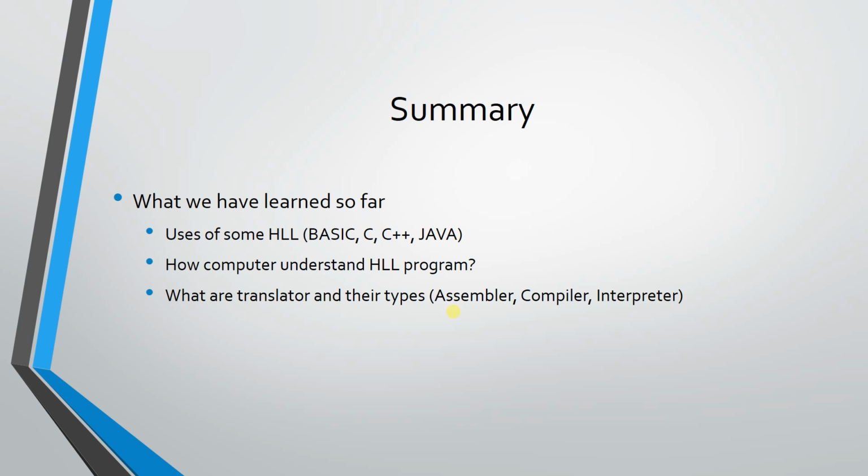Compiler can convert any of the high level languages into machine code, as well as interpreter can also convert any of the high level languages into machine code. But compiler works on the whole program and interpreter works line by line. So this is it for the third tutorial, and this is our last tutorial on introduction to programming.